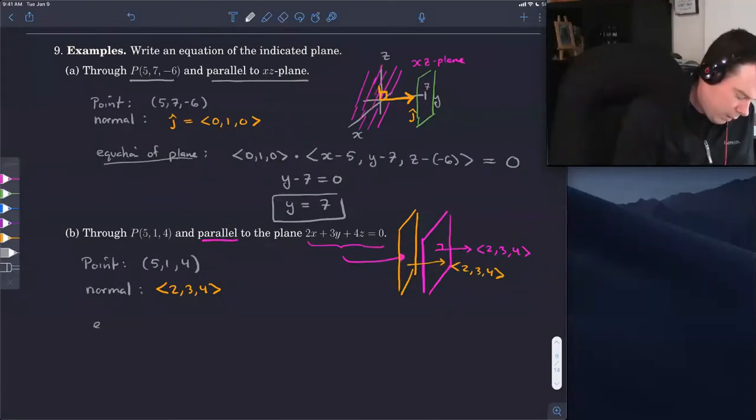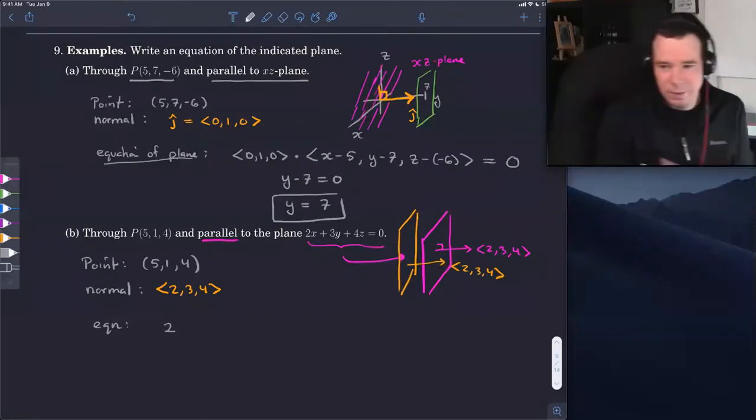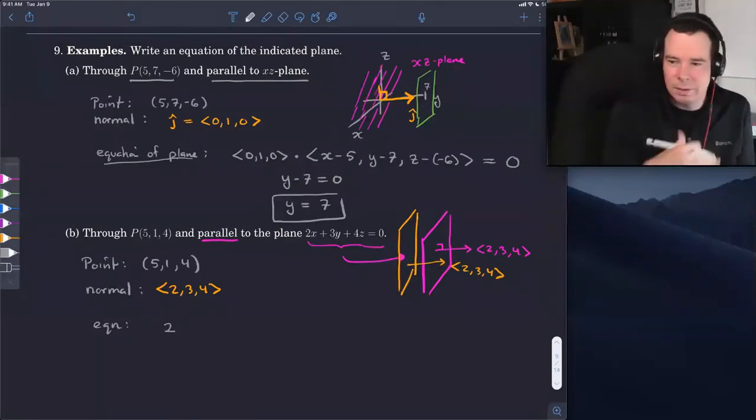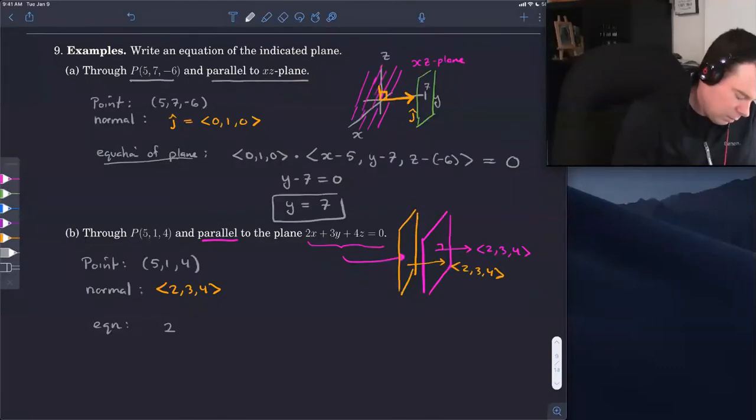And therefore, our equation of our plane is going to be 2. This is where I said you can suppress the dot product line and just go right to the meat of the problem. It's 2 times (x minus the x coordinate of the point you know on the plane), plus 3 times (y minus the y coordinate of the point you know on the plane), plus 4 times (z minus the z coordinate of the point you know on the plane).